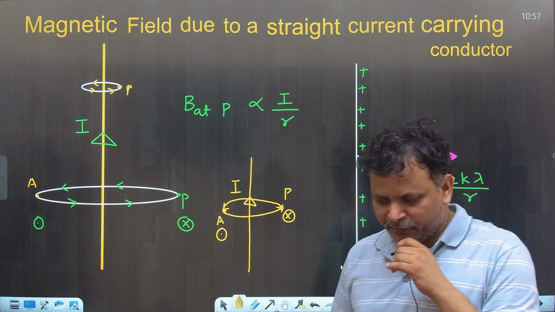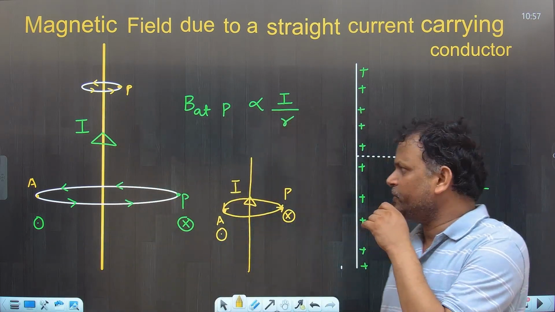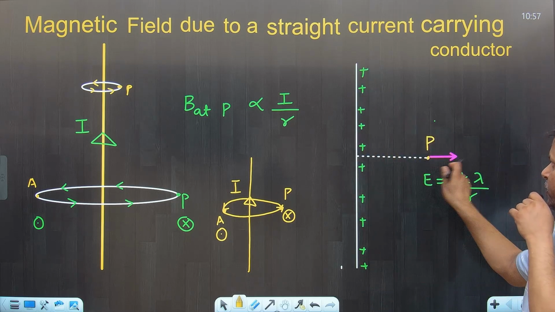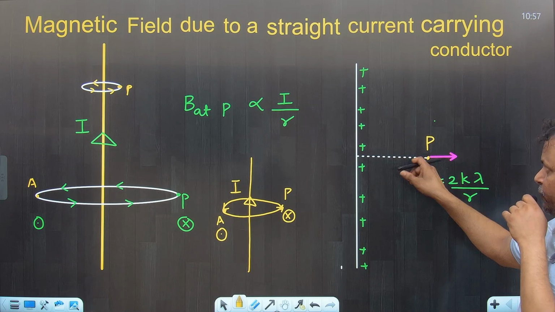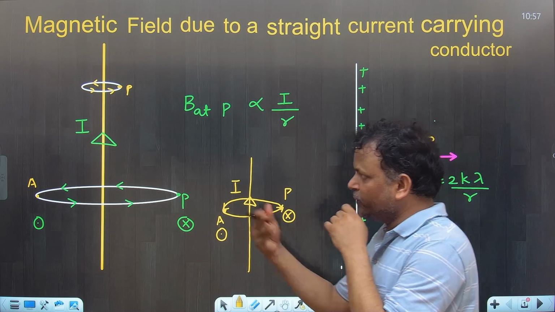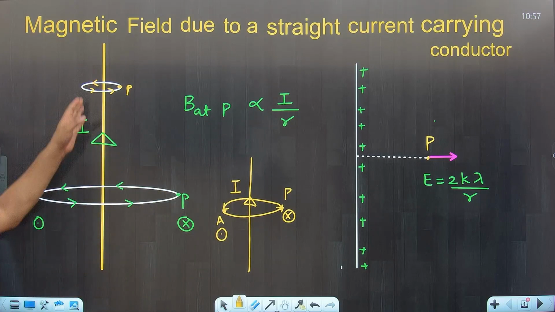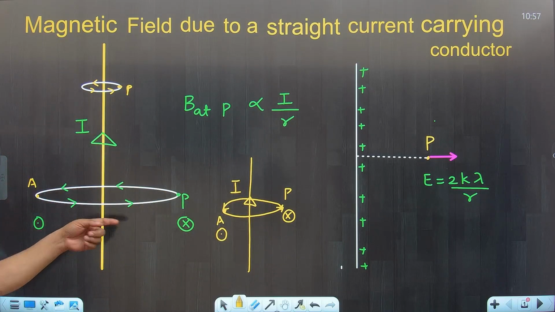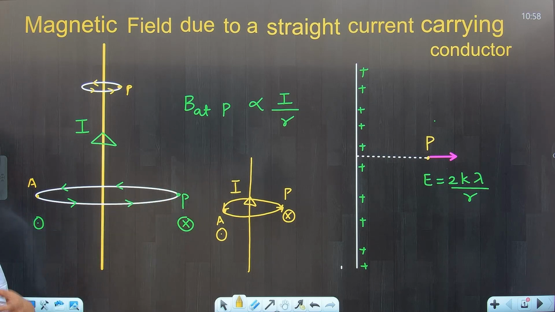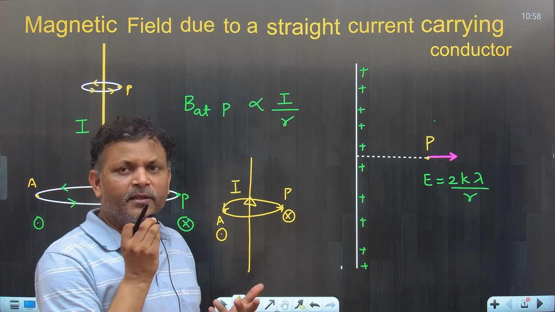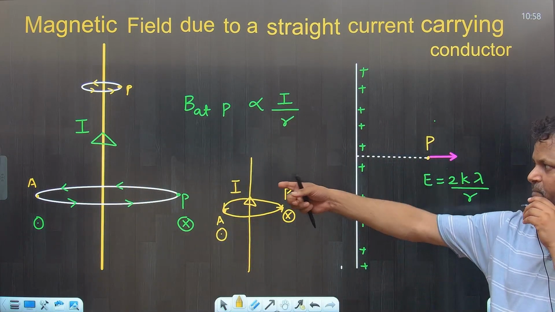You may just be curious, why is it so? When these charges are at rest, the electric field is in this direction, which is away from this wire, and in case all these charges are running, meaning current is flowing in the wire, then the magnetic field at this point is not in this direction, it is in this direction. The idea behind that is because monopoles don't exist in magnetism.